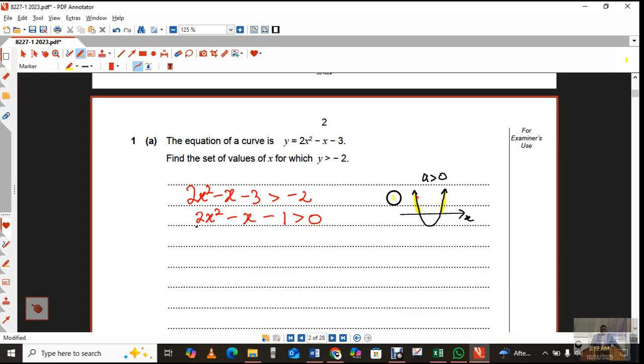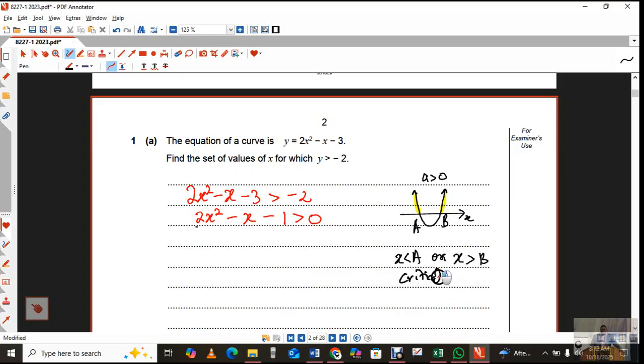Let's suppose I say this is A and that is B. One of the solutions will be x less than the value of A, which I'm going to calculate, or x greater than whatever B is. That is what we are expecting as an outcome. I'll call these the critical values.